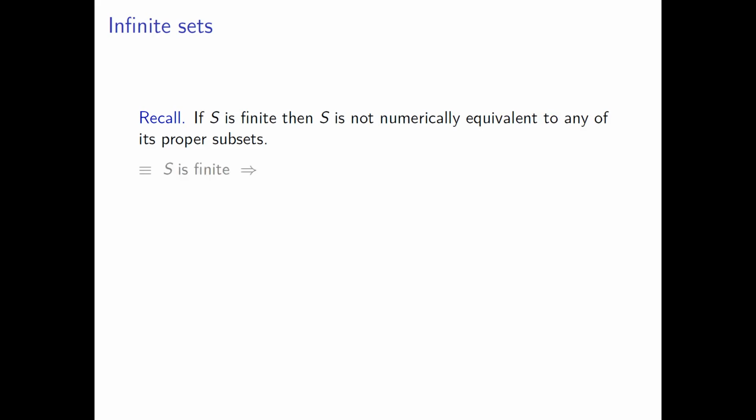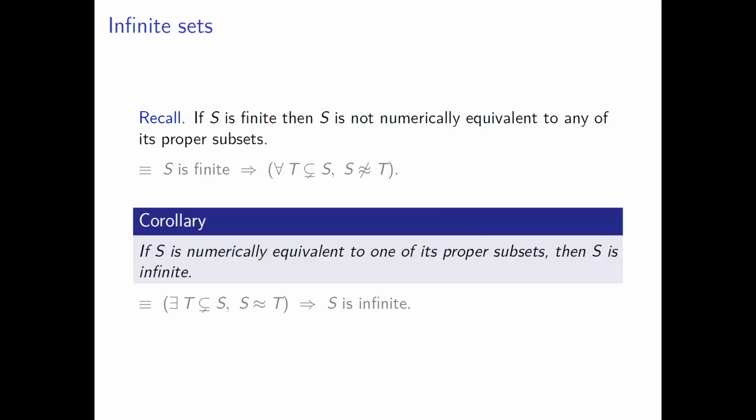If S is finite, then for any proper subset T of S, S is not numerically equivalent to T. This is equivalent to its contrapositive, which is the statement if for some proper subset T of S, S is numerically equivalent to T, then S is infinite. This gives us the following sufficient condition for a set to be infinite. If S is numerically equivalent to one of its proper subsets, then S is infinite.